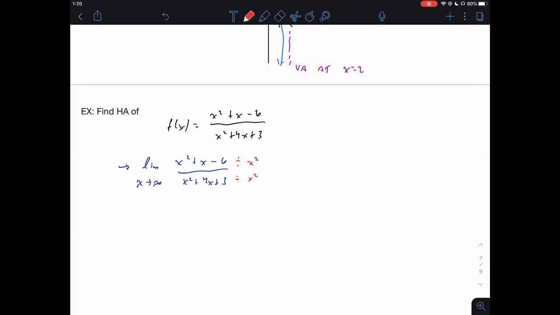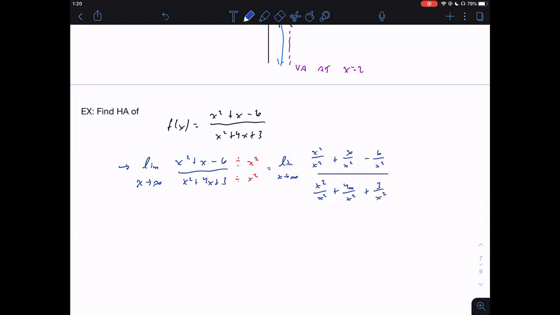All right, so this will be equivalent now to finding the limit as x goes to infinity of x squared divided by x squared plus x divided by x squared minus 6 over x squared, all over, in the bottom, x squared over x squared plus 4x over x squared plus 3 over x squared.